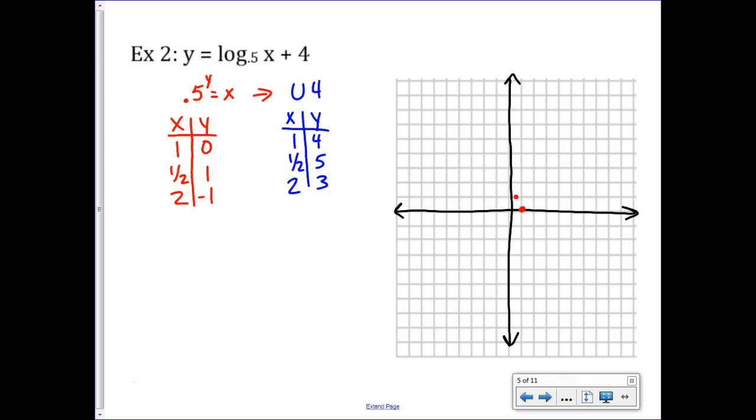And then if you want another value, (2, -1), that's what this would look like. So then if we've just moved up 4 from here, notice our vertical asymptote hasn't changed. So we're at (1/2, 5), and then we're at (2, 3).